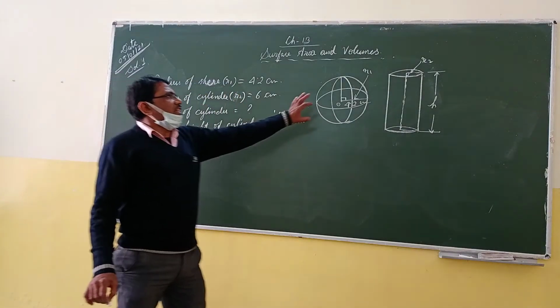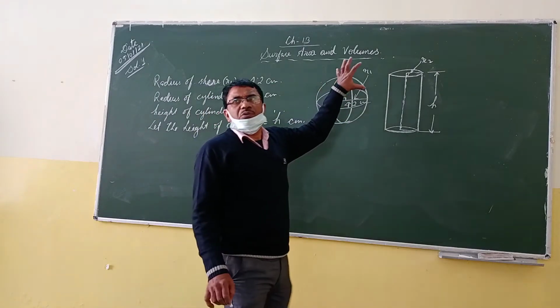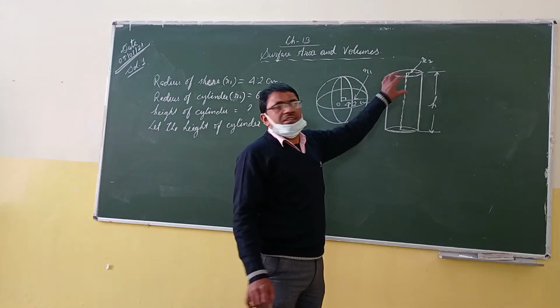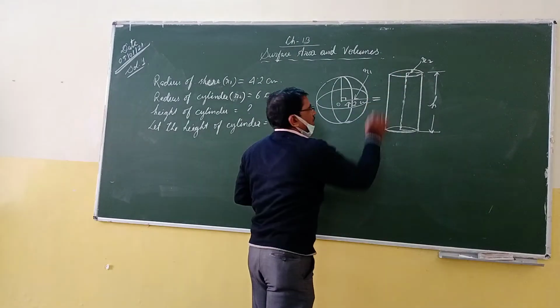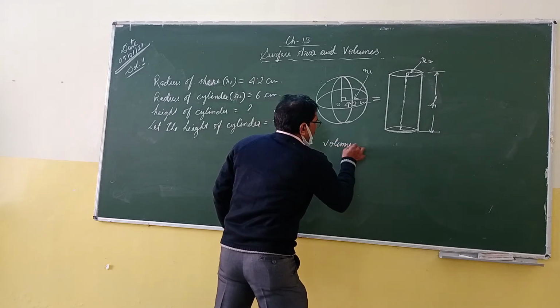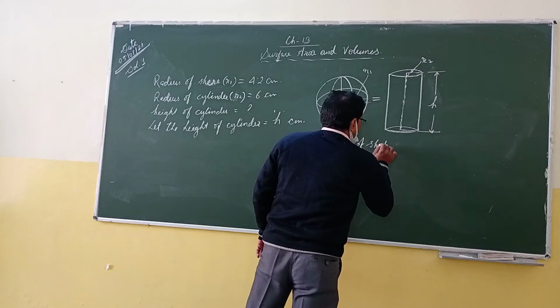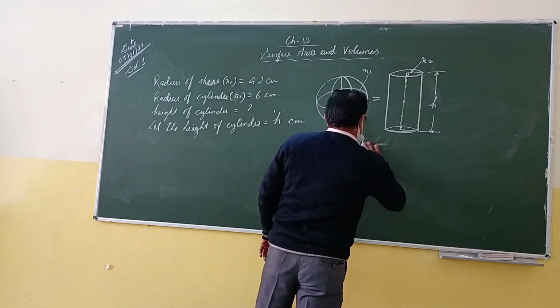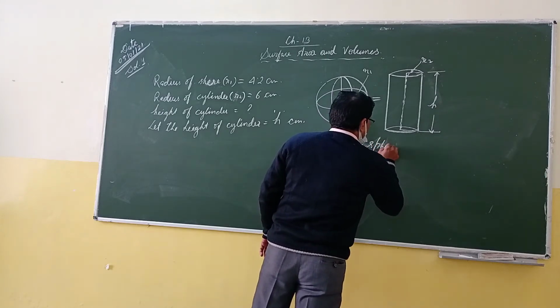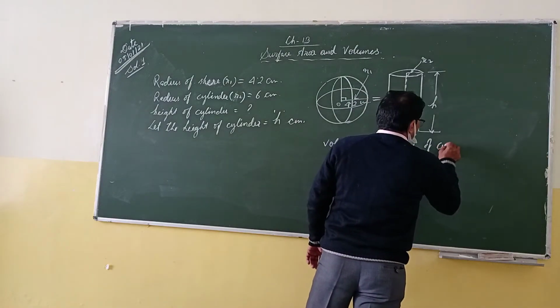So now student, it is very clear, the volume of sphere must be equal to the volume of cylinder. Both volume will be equal. So volume of sphere is equal to volume of cylinder.